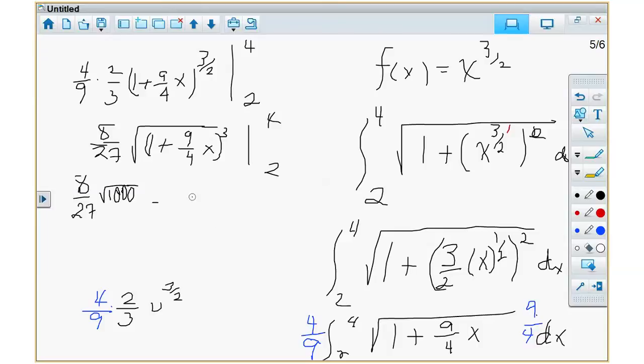I have no idea what that is, so I'll just write it out. 27 times 11 halves. Wait a minute, hold on. 11 halves to the third power. All right. You do this. Somebody give me the final answer.